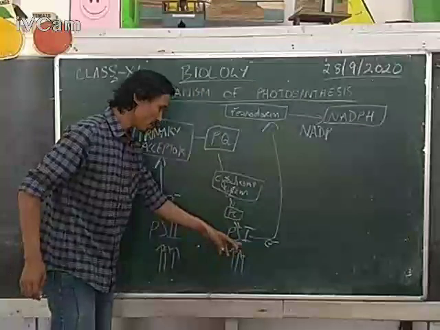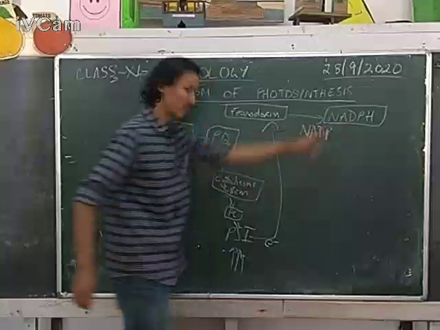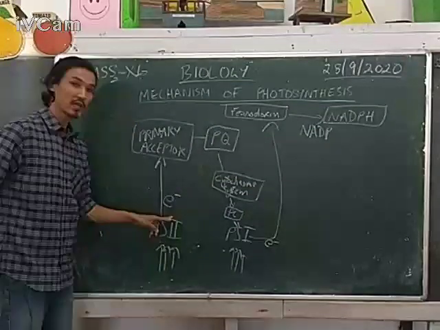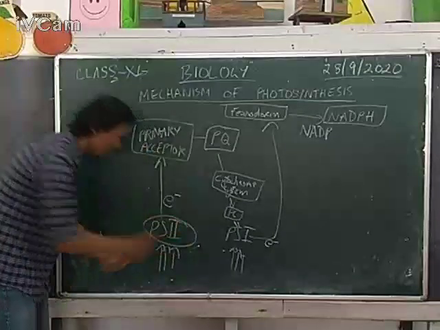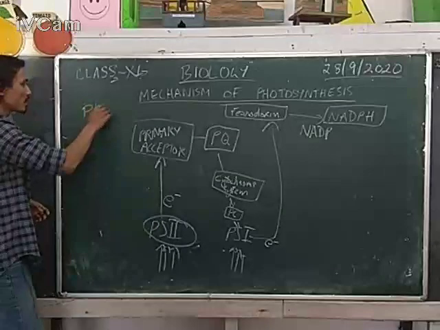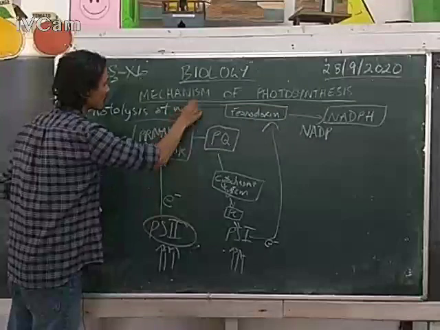Now, the electron lost by PS1 is utilized in the formation of NADPH, but this lost electron is compensated by the electron from PS2, and this PS2 leaves an electron hole in itself. This electron hole is compensated by photolysis of water.